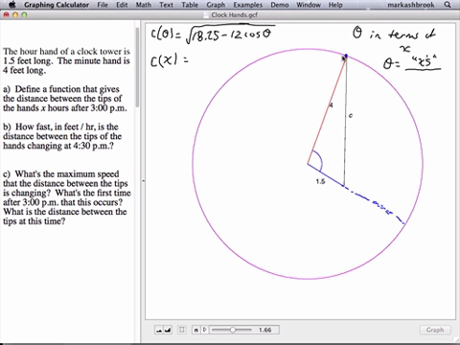Okay, so you're saying starting from 3, there's some distance that this moved, and then there's some distance that this moved, the distance of the hour hand. Okay, and theta is what? Well, what did the distance start at?